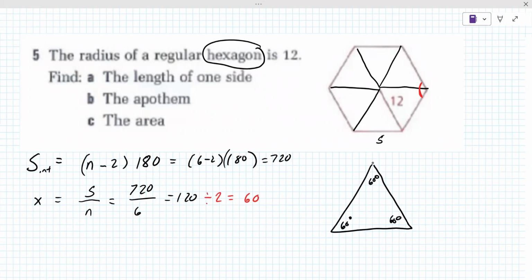You see it on standardized tests. Teachers really like it because it's got a lot of neat properties that you can use. So the length of one side is the same as the radius. The side here is 12 because all the sides are the same. Does that make sense?